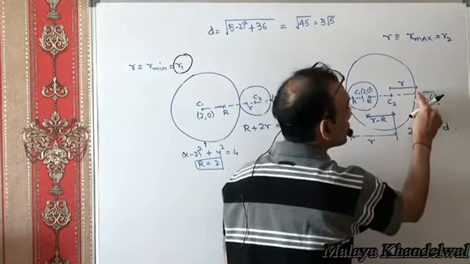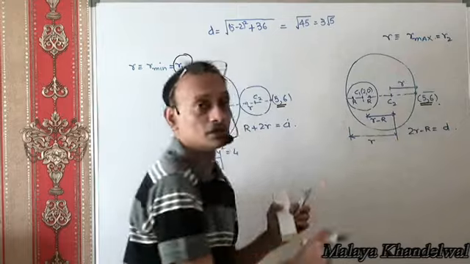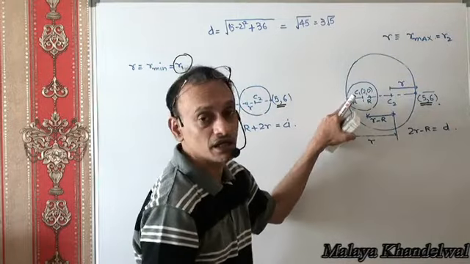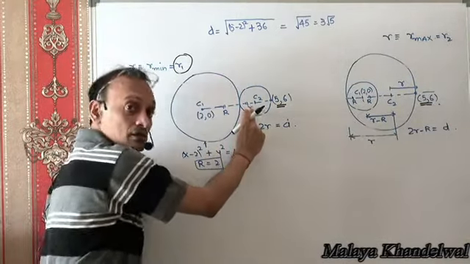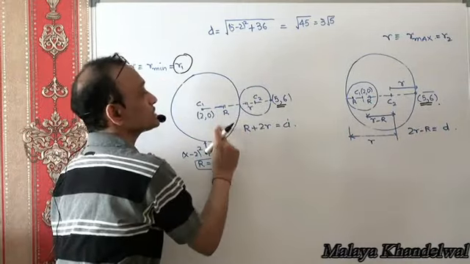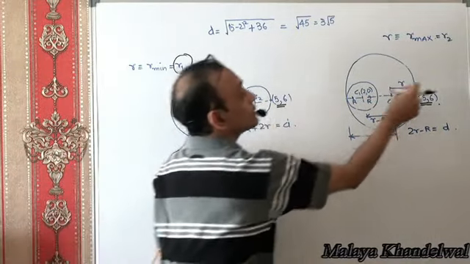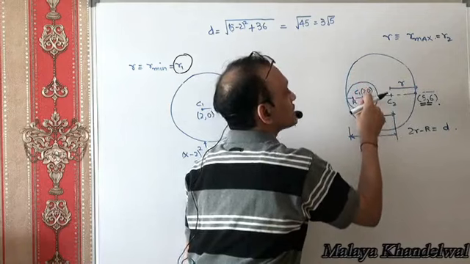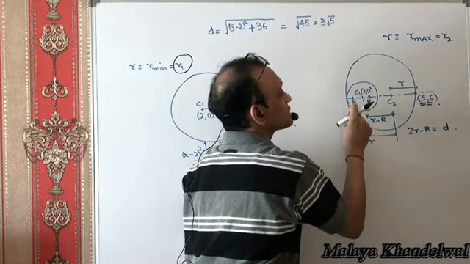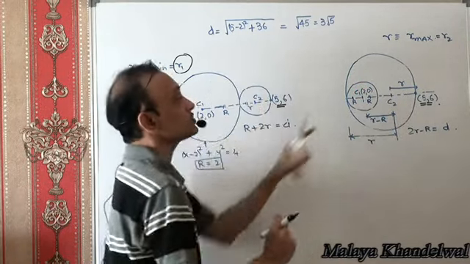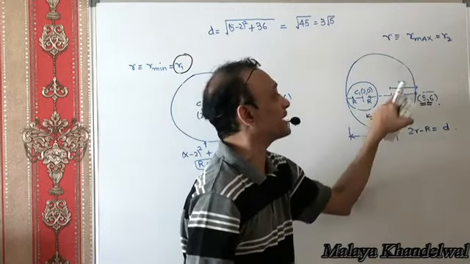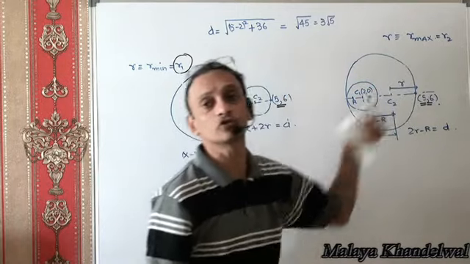This will give me the radius of the largest circle. This circle evidently will touch the given circle externally, while this one will touch it internally. So this will give me the maximum radius, which is going to be referred to as R2.